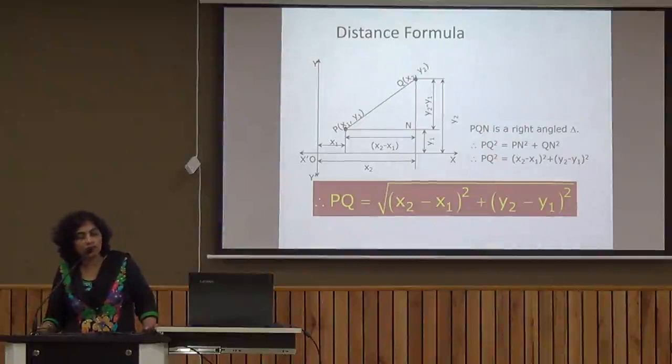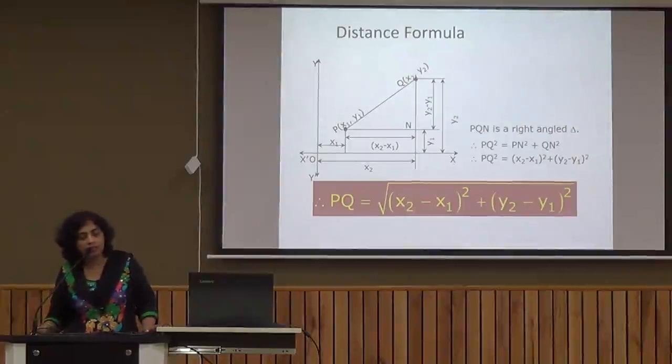PN is the horizontal distance x2 minus x1 and QN is the vertical distance y2 minus y1, as you can see. So PQ square will be (x2 minus x1) square plus (y2 minus y1) square, and PQ is equal to the square root of (x2 minus x1) square plus (y2 minus y1) square, which is our distance formula.